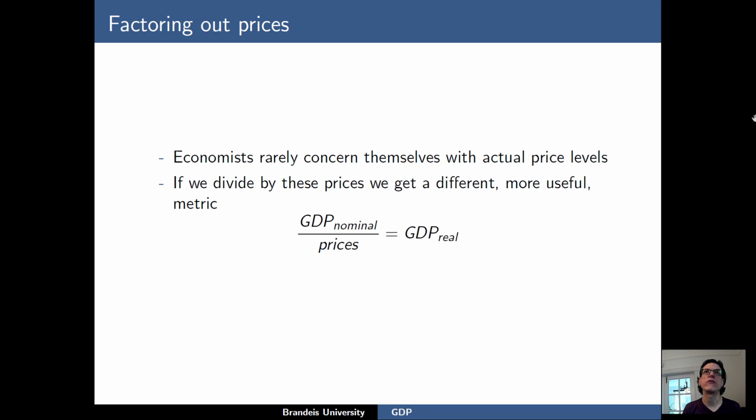So we as economists don't often use the price level. We don't want to mix the GDP up with the price level. So instead, we would like to think about GDP as being abstracted from prices so that the prices don't really matter as much. We just really want to know about how much consumption, how much government spending in consistent terms across time or in consistent ways across countries.